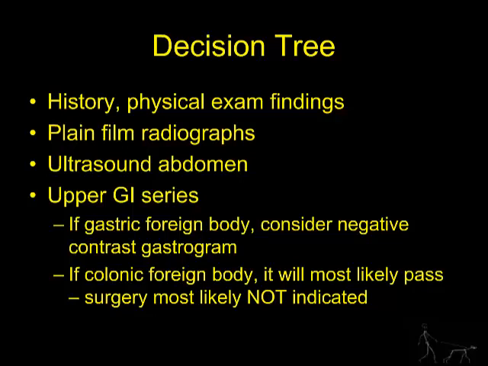Typically, the decision tree for possibly mechanically obstructed animals includes a good history and physical examination, followed by plain film radiographs. Oftentimes, a decision to go to surgery or not can be made just off of the plain film radiographs using the chart that was mentioned previously.